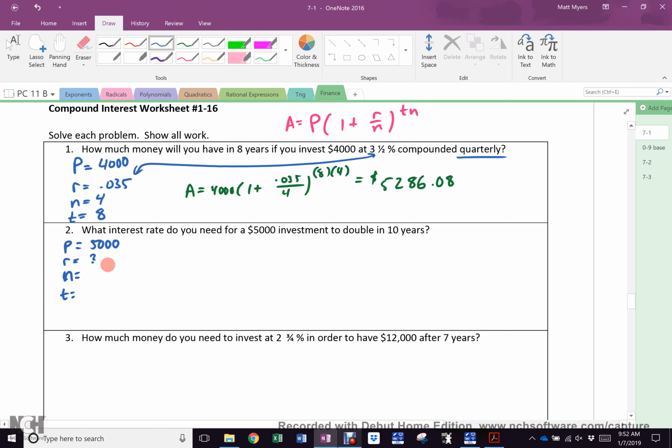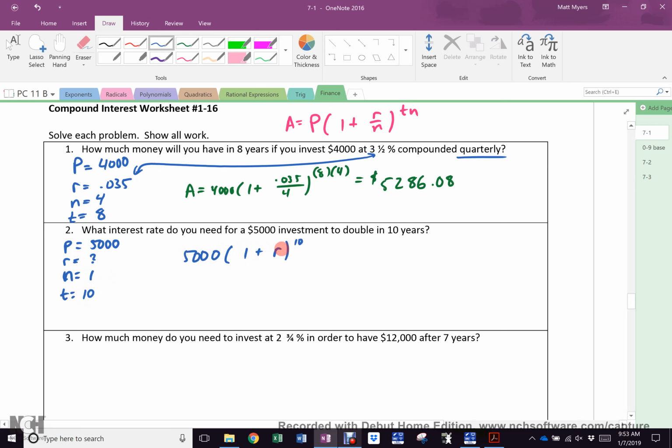It doesn't say anything about when it's compounded, yes? So I'm going to put 1 because it's annually. And my T is 10. Then I just fill it out. 5,000(1 + R)^10, because I don't know my R.